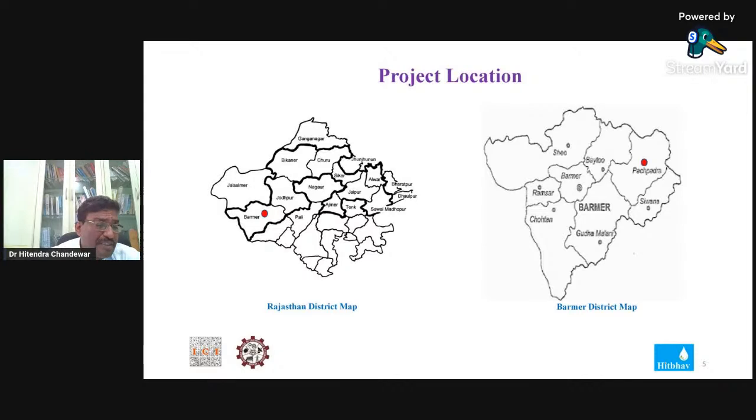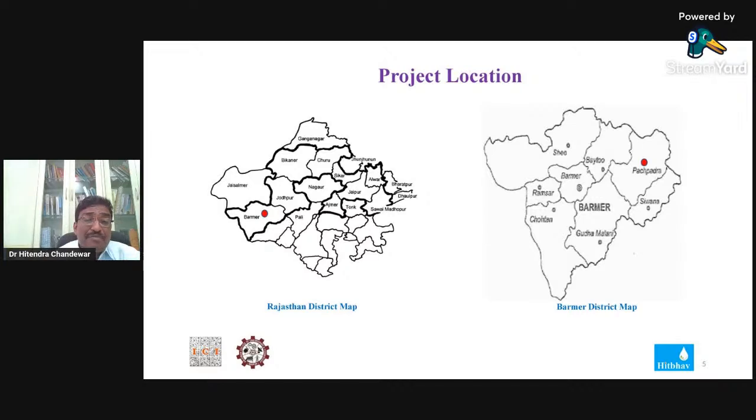And it was very challenging there, because for any reservoir you require very good quality soil to retain the water, either underground or above ground. It requires good quality, impermeable soil, so as to have very little seepage.